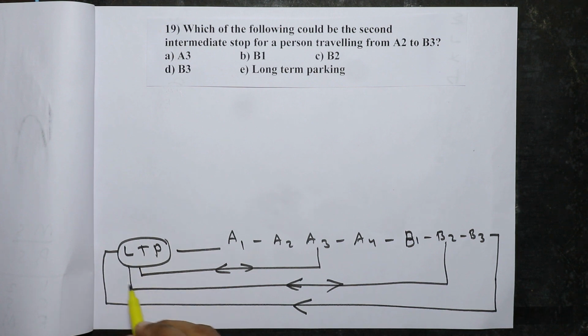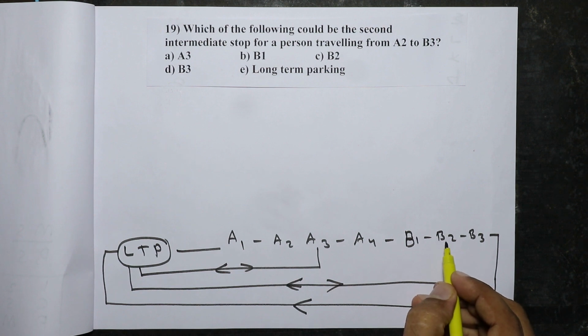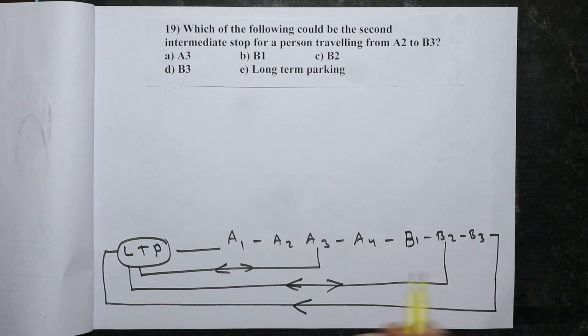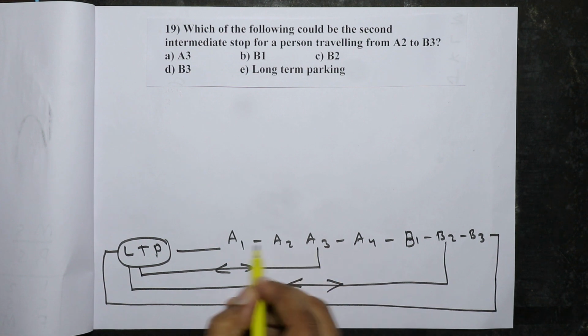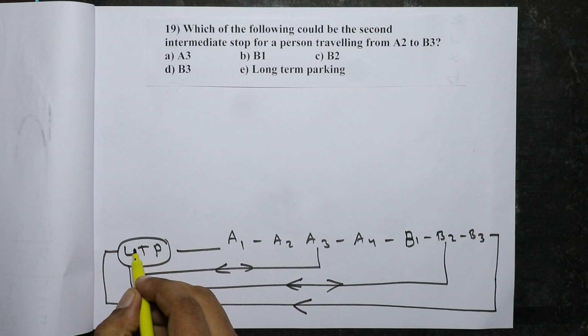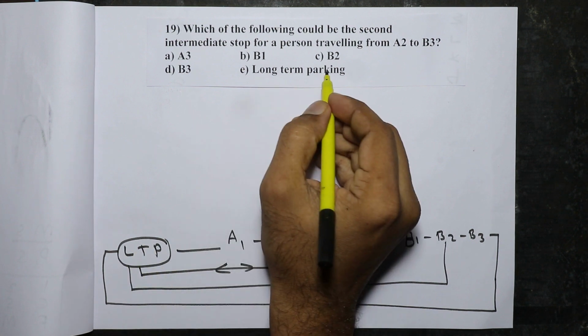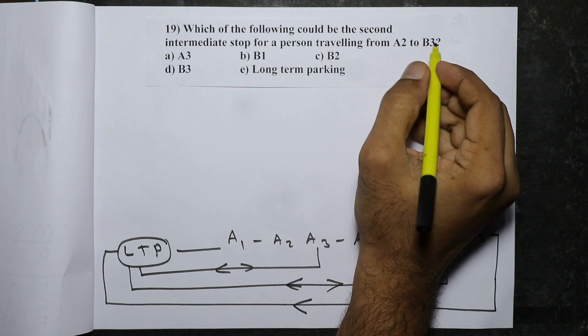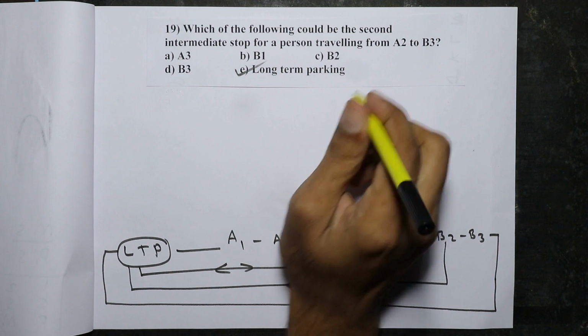Then he can take the monorail to B2, the third intermediate stop, and then B3. So long-term parking could be the second intermediate stop. Hence option E, long-term parking, is the right answer.